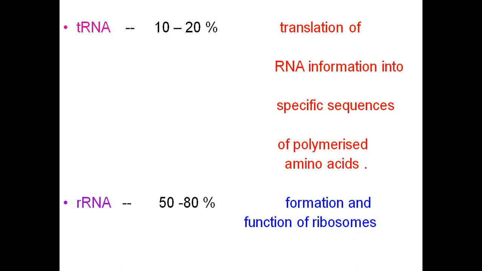So the major amount is of rRNA. Next to rRNA is tRNA, and next to tRNA is mRNA in terms of amount of RNA. So rRNA accounts for about 50 to 80% of total RNA, and its main function is formation and function of ribosomes.